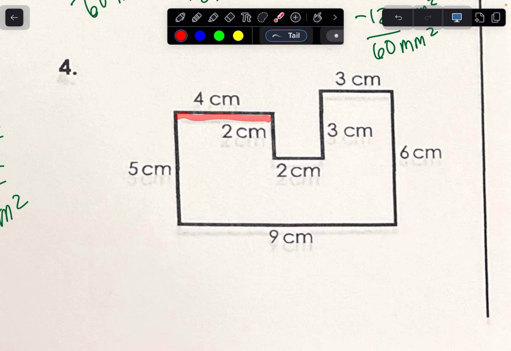This measurement here, or this height, is 5. This one is 6. But do it however you want, whether you want to break it here into 3 things, whether you want to break it here into 3 things. This is not a great one to just take out one chunk because the things are not level. But go ahead and give that a shot, and then we'll check our work together before we turn this in, okay?